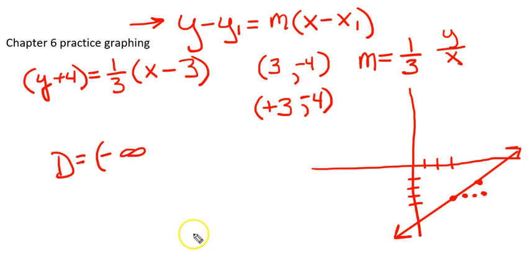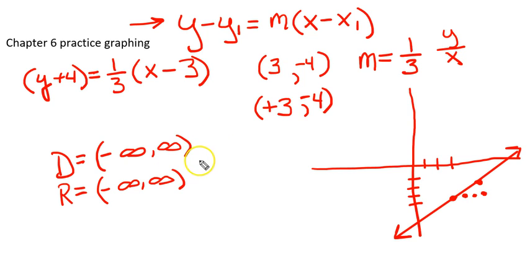This continues all the way out here, and this will go all the way out there to positive infinity. And remember, infinity always has parentheses. And what will the range be? That'll be your y elements. Well, this line eventually will go all the way up there and all the way down there, so that's also negative infinity to positive infinity.